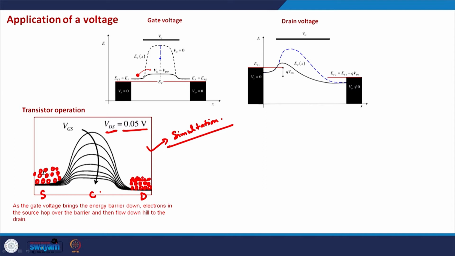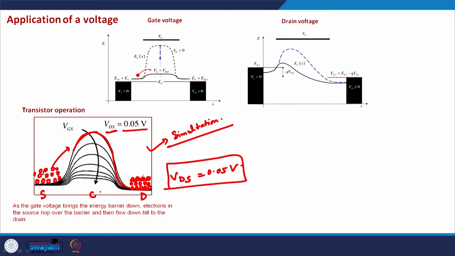So initially, if the barrier is this high, even if we apply a small drain voltage, a small VDS of around 0.05 volts, there won't be any current in the system, because the probability of these electrons crossing the barrier is extremely small. This barrier is too high for these electrons to cross.